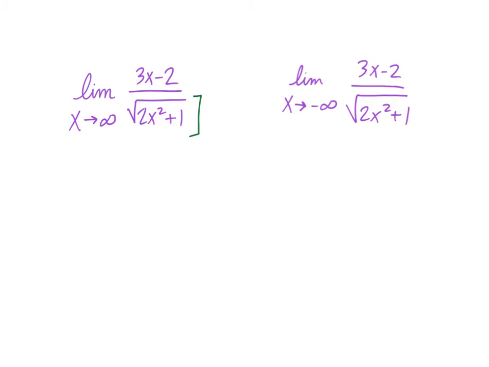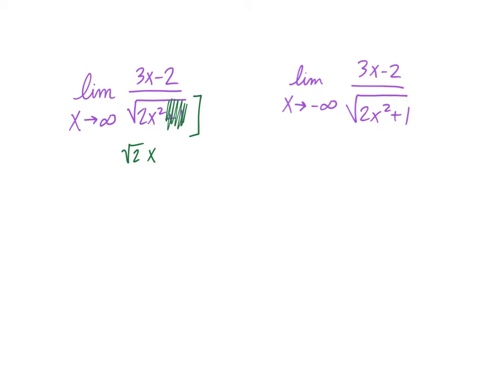When x is just 100, much less infinity, this 1 becomes less and less relevant. So this 1 is meaningless, meaning the bottom is essentially the square root of 2x squared, which is the square root of 2 times x.